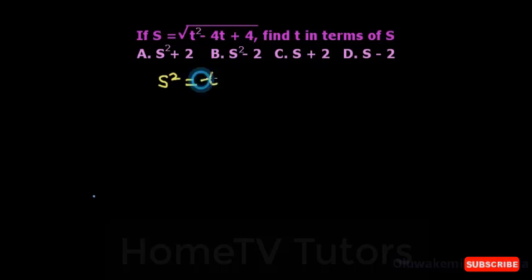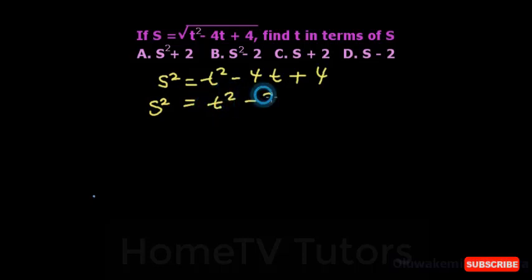So we now have T squared minus 4T plus 4. Then we go further on to factorize this expression on the right hand side. So we now have T squared minus 2T minus 2T plus 4. Then we need to look for the common factor.